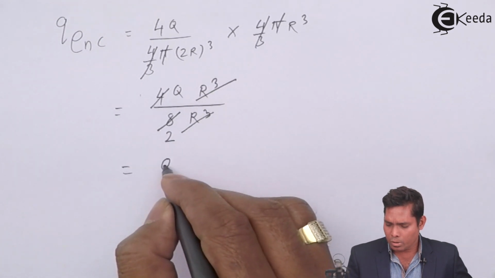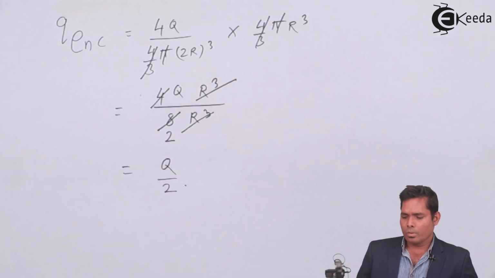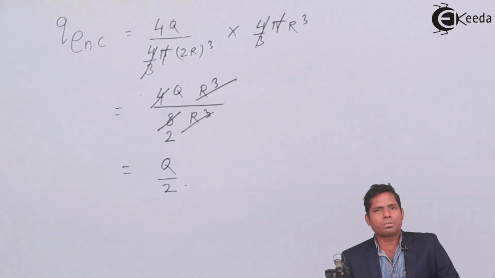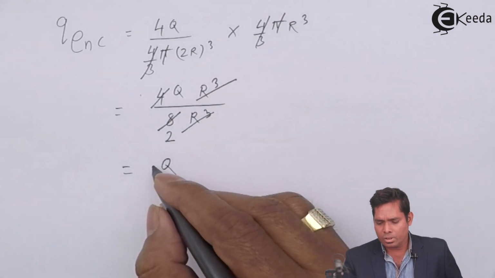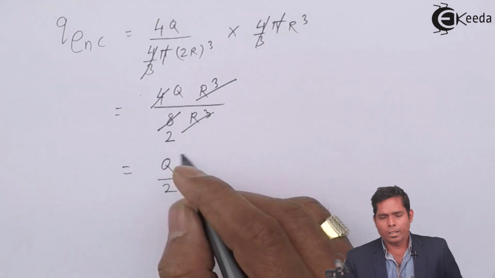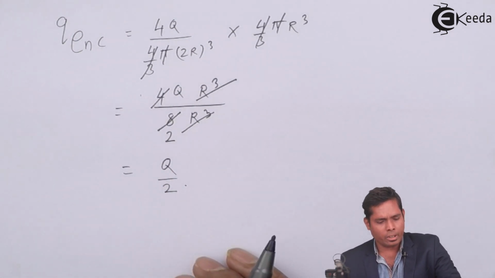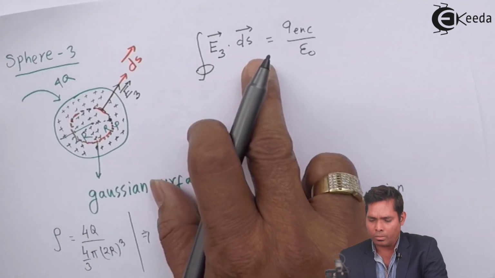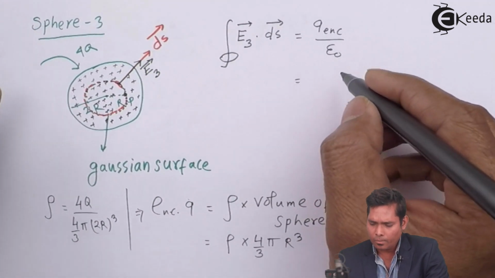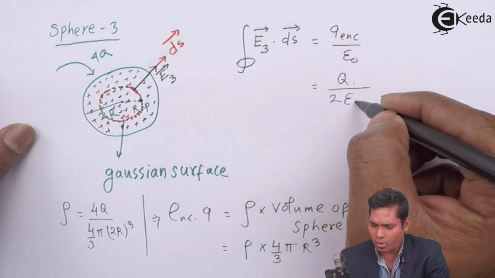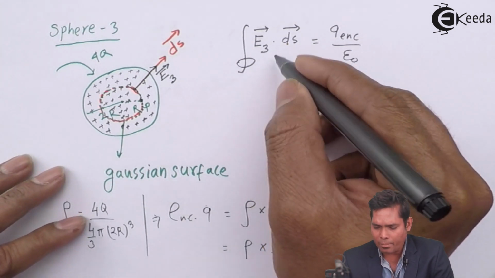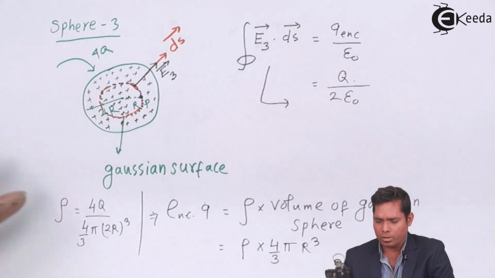So it is Q by 2. The charge enclosed within the Gaussian surface is Q by 2. If charge enclosed is Q by 2, then our equation here will be Q divided by 2 epsilon naught. Now this part I have to solve and proceed.